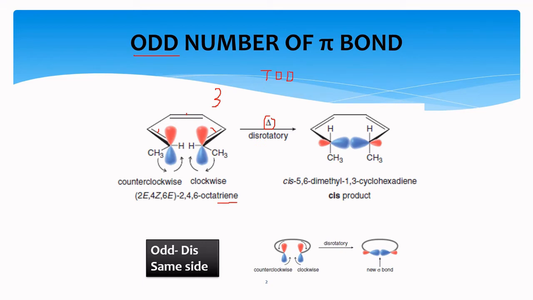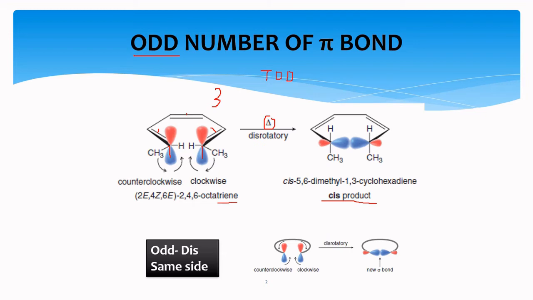So when it undergoes this disrotatory fashion, meaning one clockwise, one counterclockwise, this will be pushed down here while this will go up here. So what you will get is this CH3 is moved here, this CH3 is moved here. You can see that the methyl groups are now on the same side and you will get a cis product.